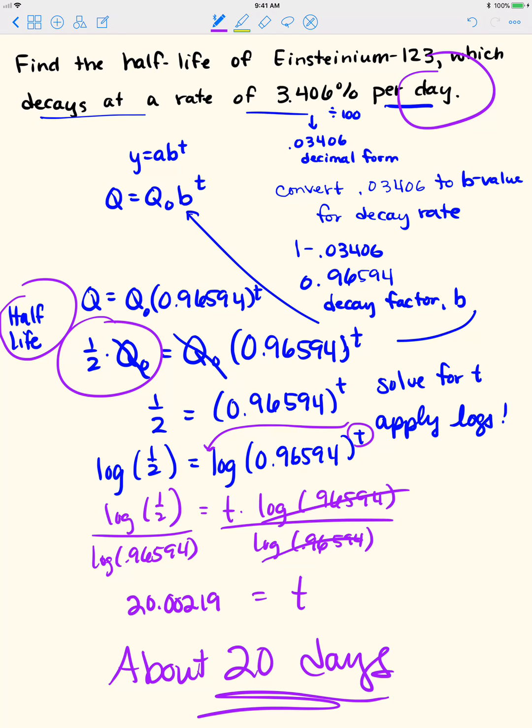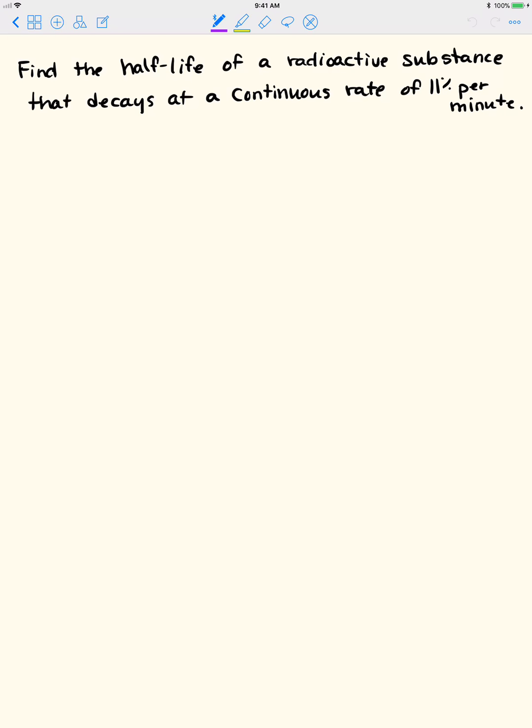There you go. Okay. Last example, another half-life question, but I wanted to do one with continuous rate, just so we covered all the bases here. So just a random radioactive substance, doesn't really matter for this problem because it doesn't specify, but we know that it decays at a continuous rate of 11% per minute. So to find the half-life, it's going to be the amount of minutes that it takes for half of that radioactive substance to exist because it decays.